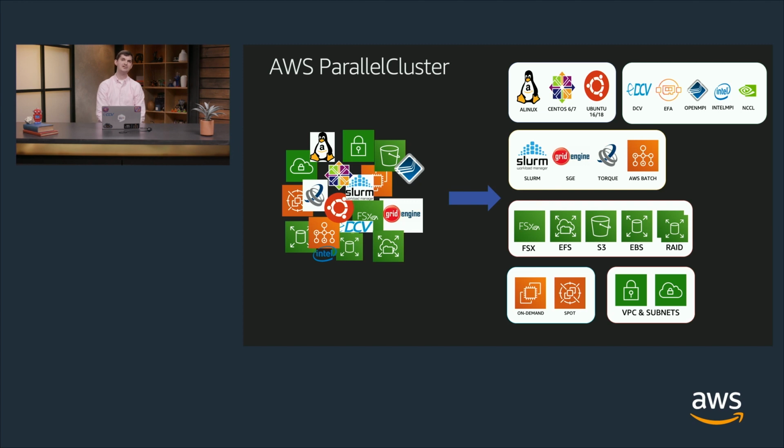As an HPC orchestration tool, ParallelCluster makes it easy to take all of the disparate and sometimes messy pieces in the HPC ecosystem and organize them into a nice package that's both flexible and easy to use. This includes everything from your operating system, your job scheduler, your choice of shared file system, your choice of data storage, your choice of networking configurations, and your MPI or collective communications library.